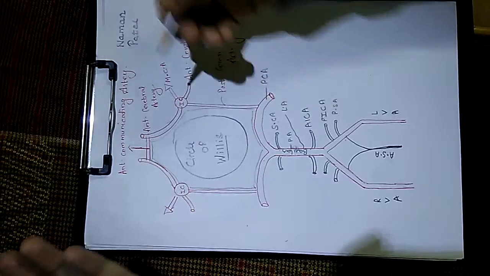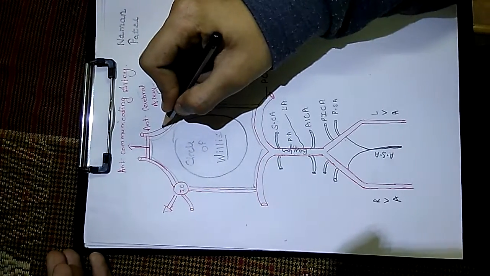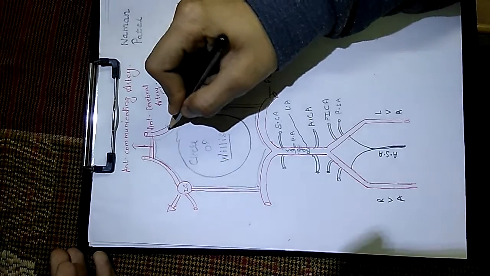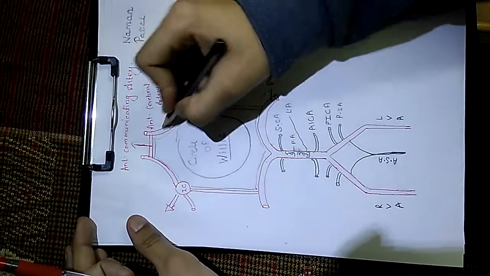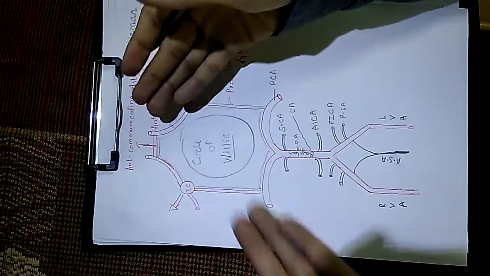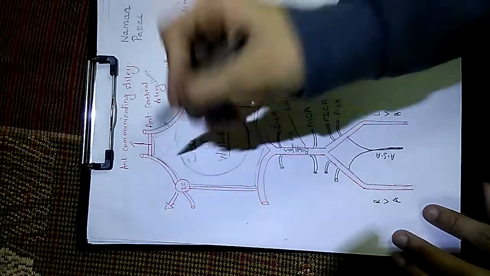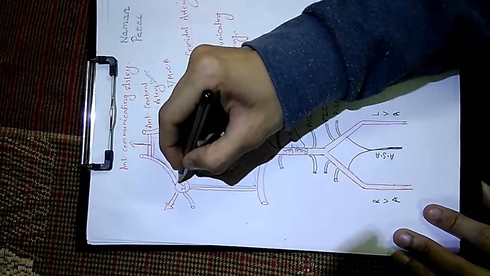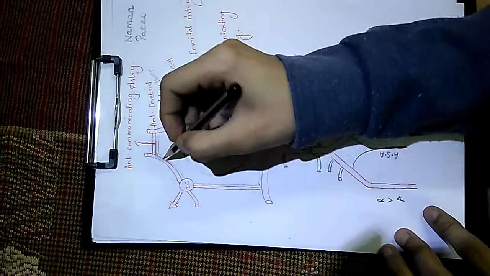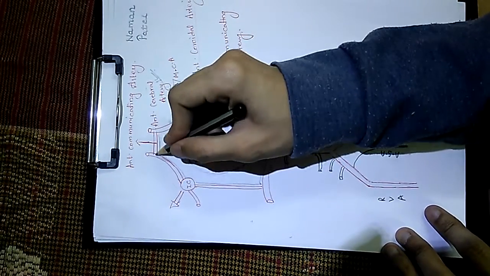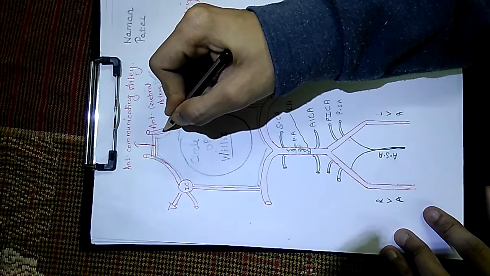Just imagine there is a thrombus accumulated in the anterior cerebral artery, so that won't even affect those area cells, because the blood will pass from this anterior cerebral artery to the anterior communicating artery, and it will flow like here.